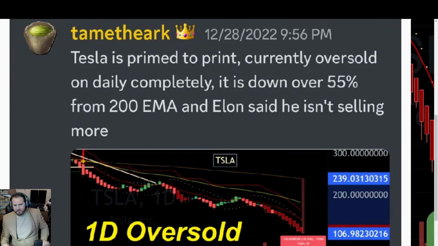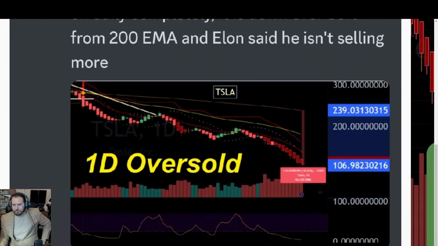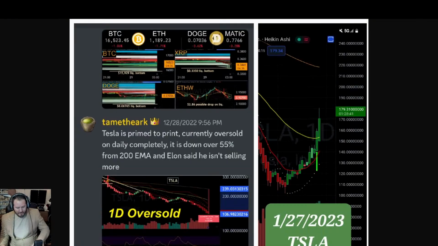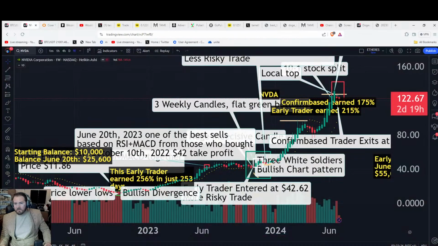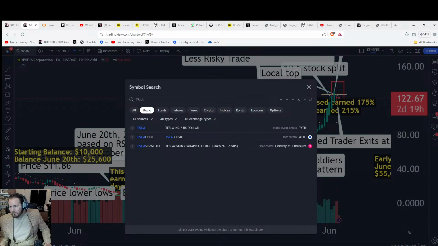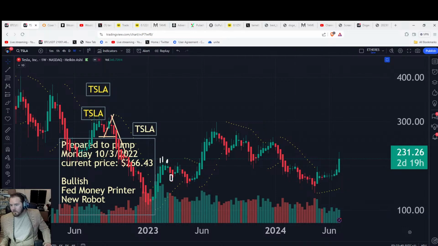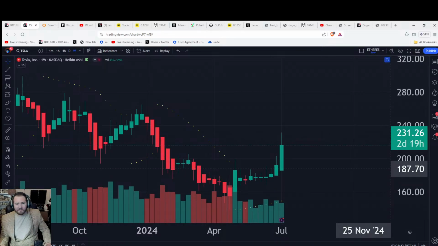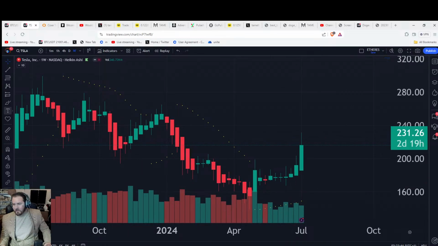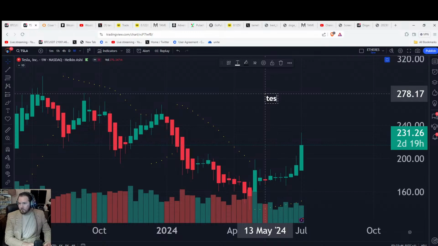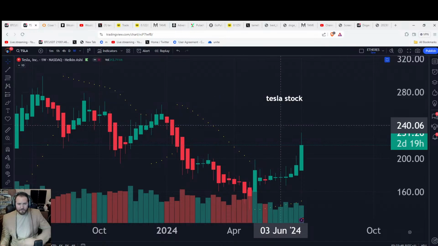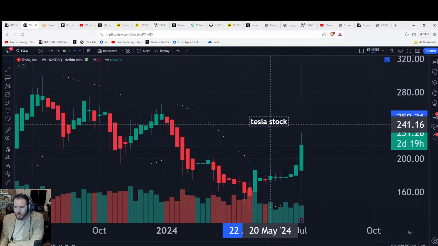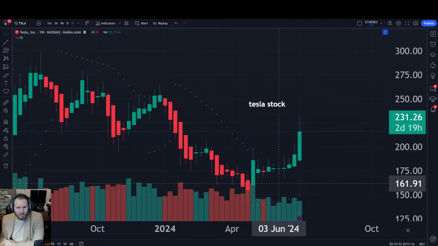Check the tweet. I put this in the chat as well. But look at that. Imagine if you would have got Tesla at $106. Out of curiosity, what's the price of Tesla now? $236 per share. Sorry, $231 now. So if you would have got it at 106, you are up more than double your money.